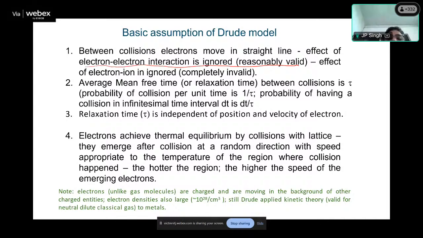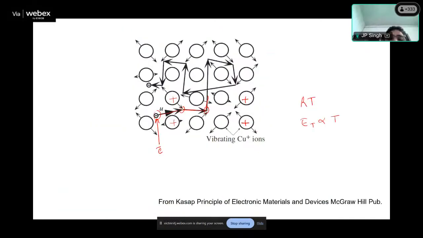The other thing is the average mean free time between any collision. The Drude model also talks about the mean free time, or the relaxation time. So what is that actually? Relaxation time means between any two collisions, suppose this is one and this is a second collision, what is the time in between?